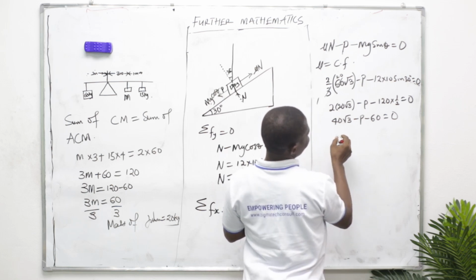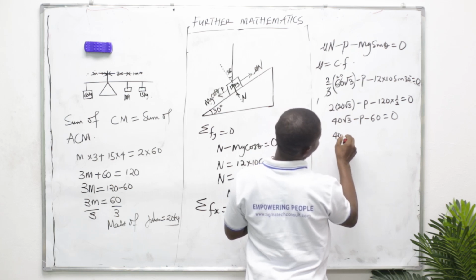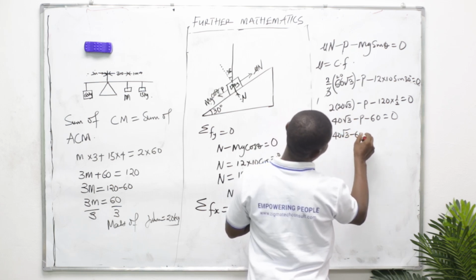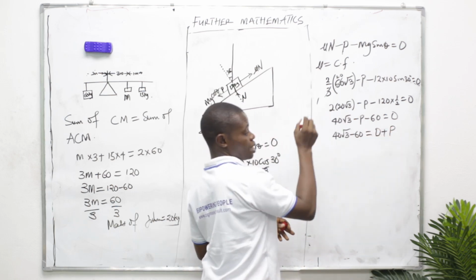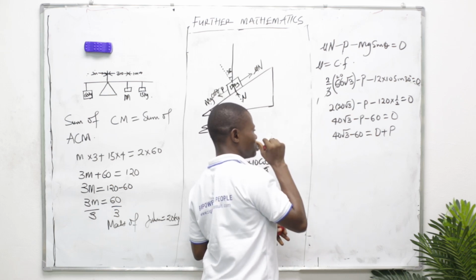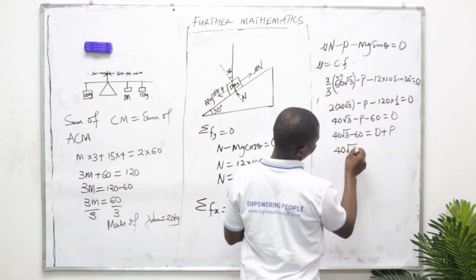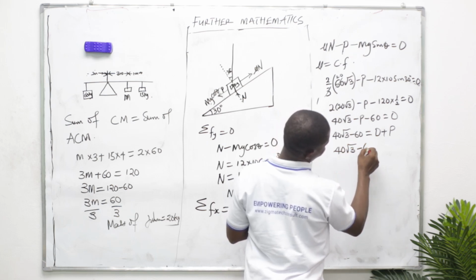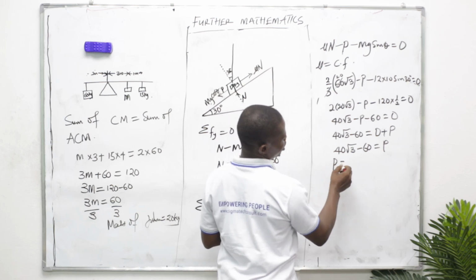So we have now 40 root 3 minus 60 equals 0 plus P. Like I said earlier, 0 added to any number or variable remains that same value, so 0 has nothing to produce. So P is this.